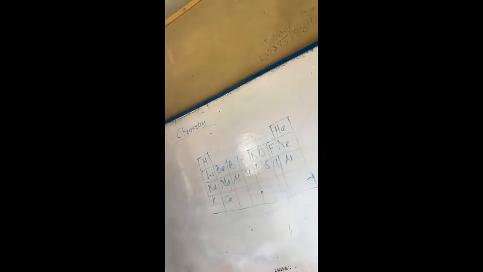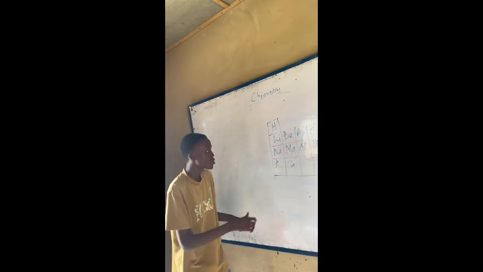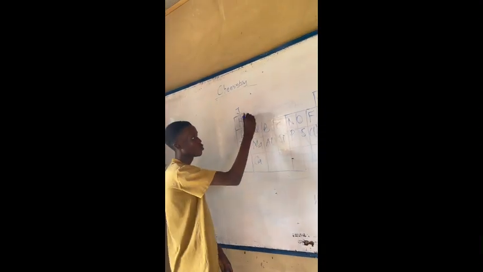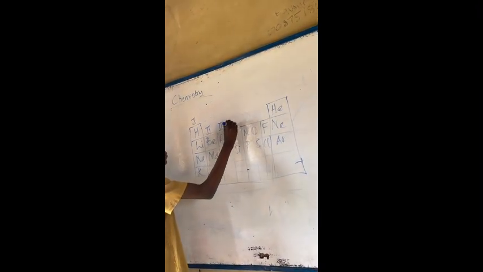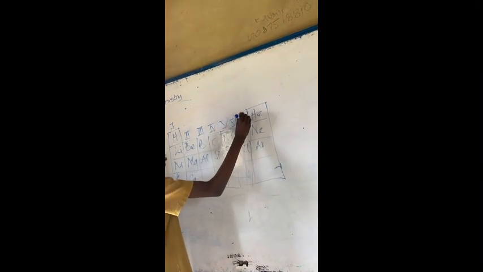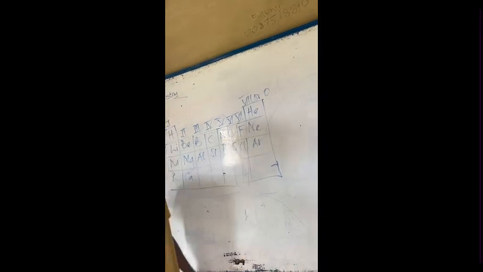So this is the smaller version, just the first 20 elements. Now these elements here are called the group 1 elements. This one is called group 2 elements. This one group 3, 4, 5, 6, 7, and 8 or 0.